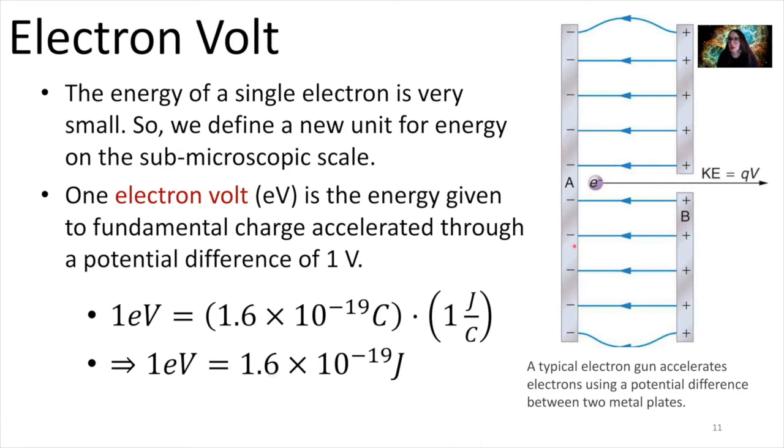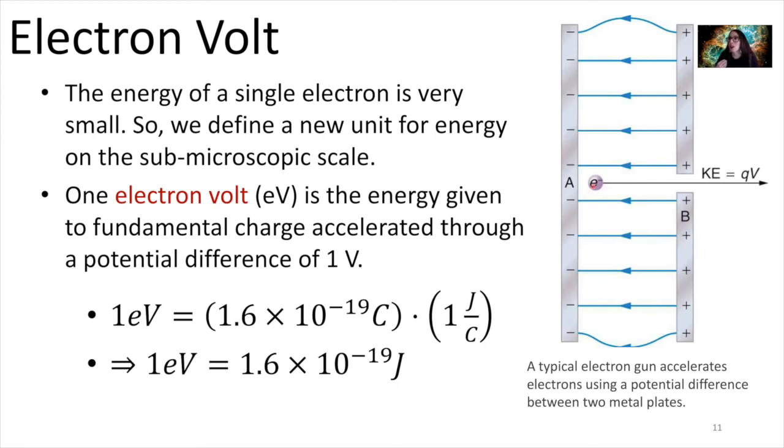Here we have 2 parallel plates. One plate has a negative charge, the other plate has a positive charge. And so the electric field between these plates points away from the positive and toward the negative. So the electric field between these plates is running from the positive plate to the negative plate.